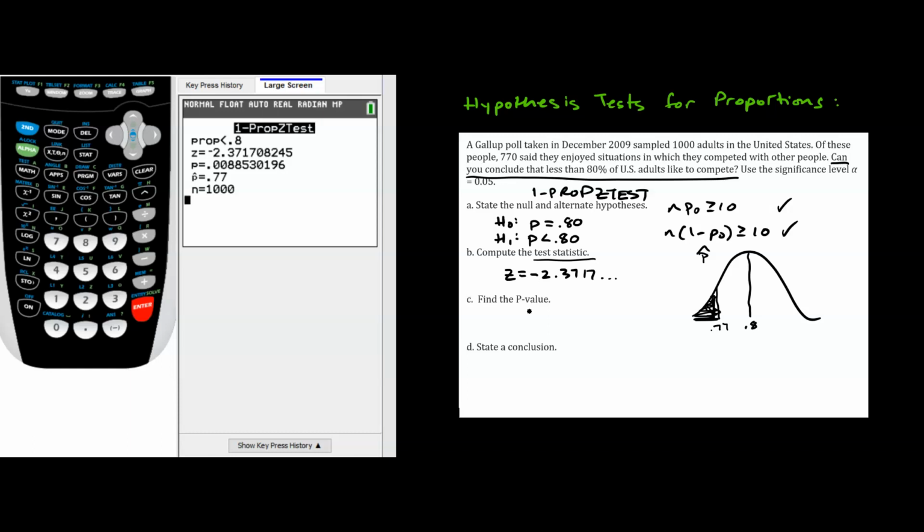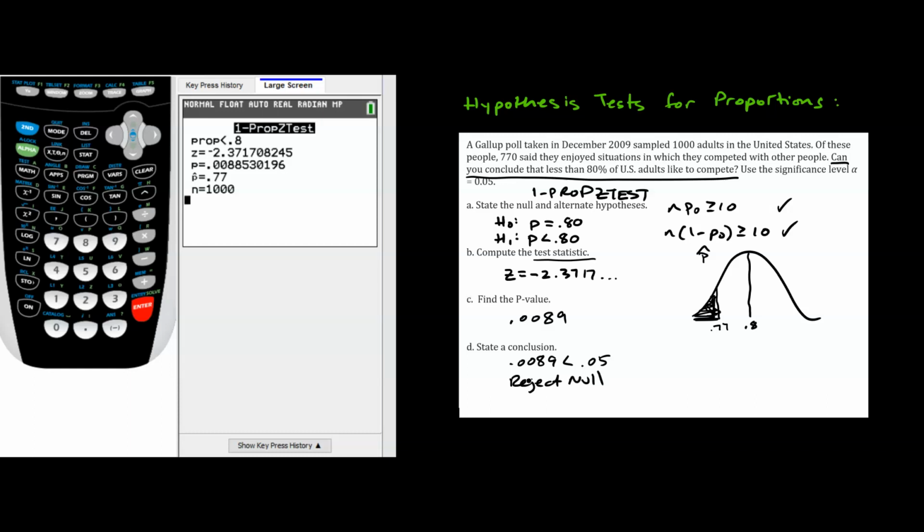And like I said, the p-value is going to be this area, and we could see based upon our test results that the p-value ends up being 0.0089 if we're going to 4 decimal places. And since that p-value is lower than our alpha cutoff of 0.05, we will reject the null hypothesis.